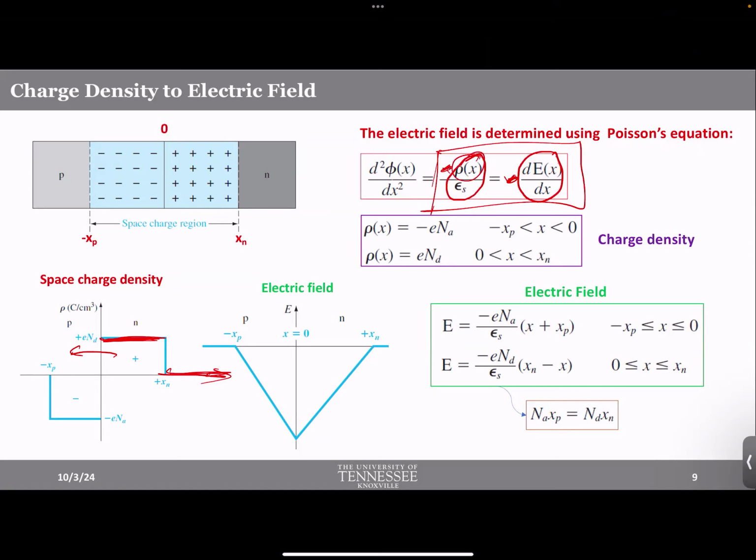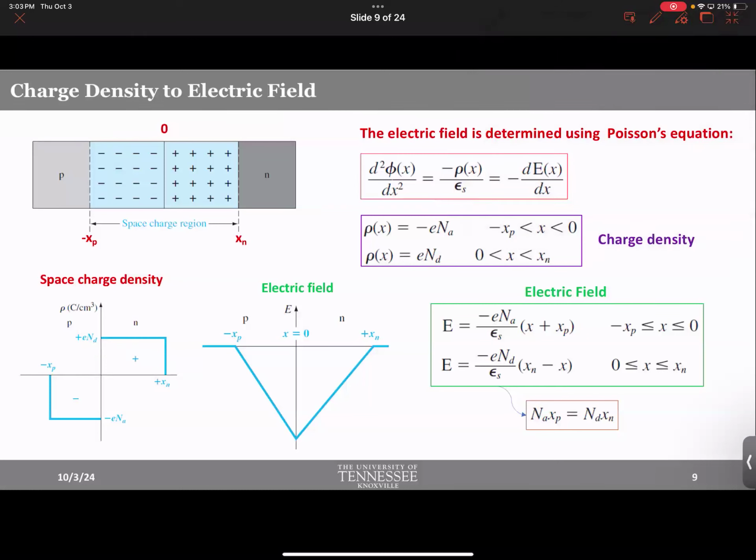Now, I'm going to express rho of x, simple equation. Can I write that rho of x, let me just use this one first. Rho of x equals END up to this range. Notice this range, starting from 0 all the way to xn. That's the range. Can I write that?